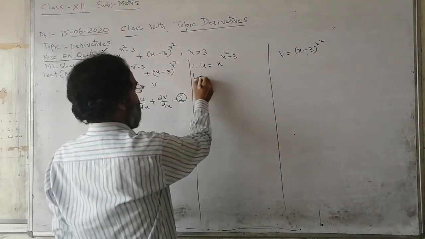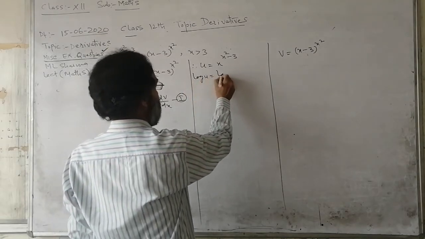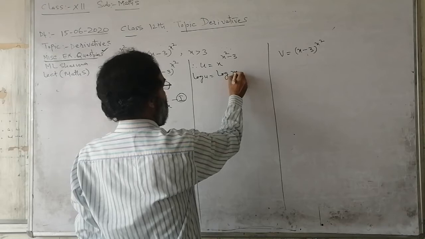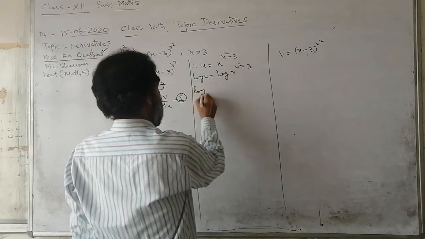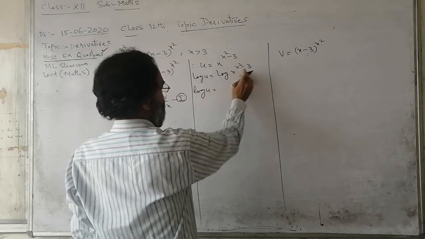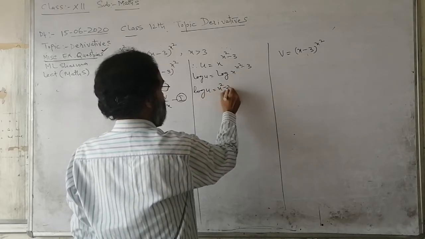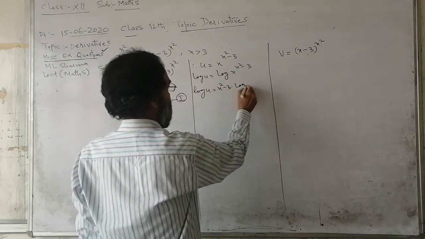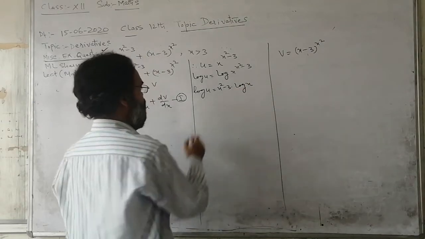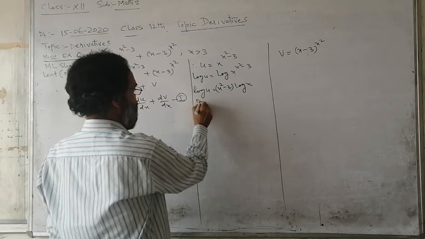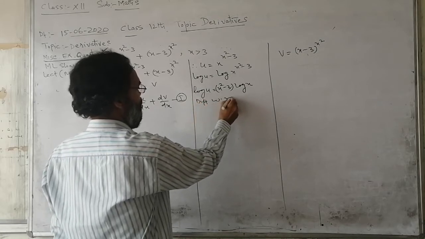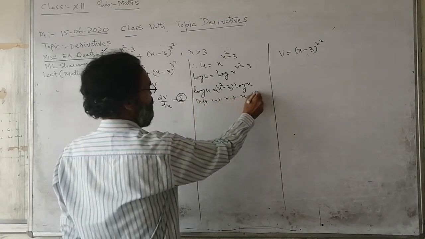So if I take log of both sides, so log of u equals log of x raised to power x square minus 3, this exponent can be written in front. So differentiate with respect to x both sides.